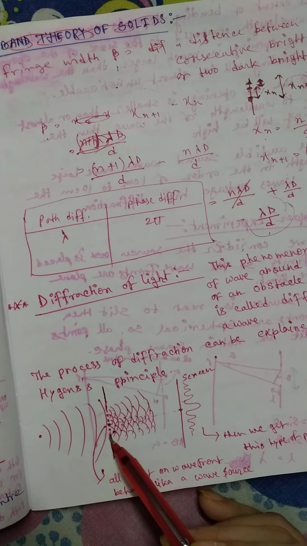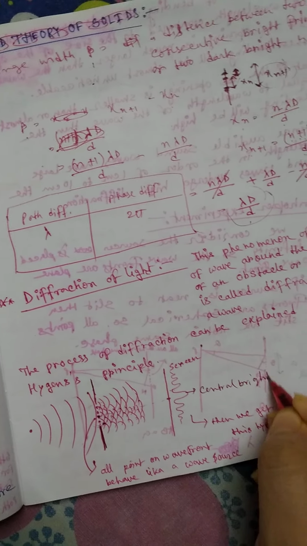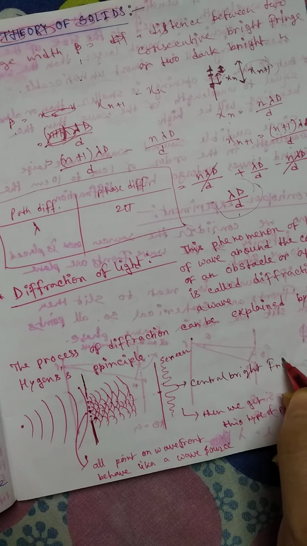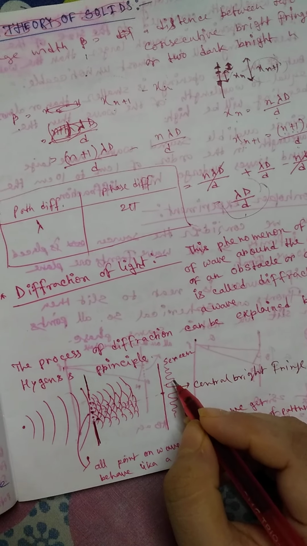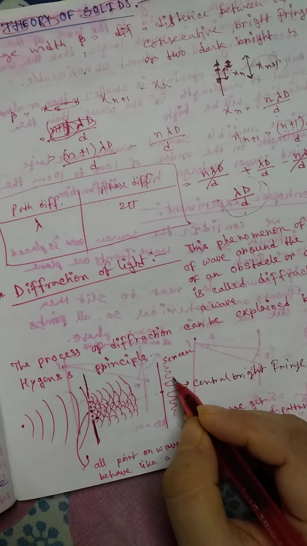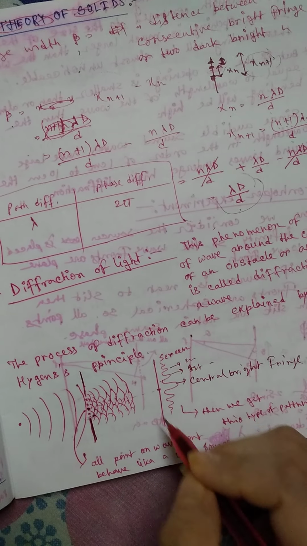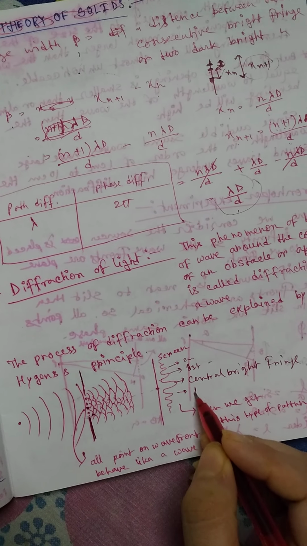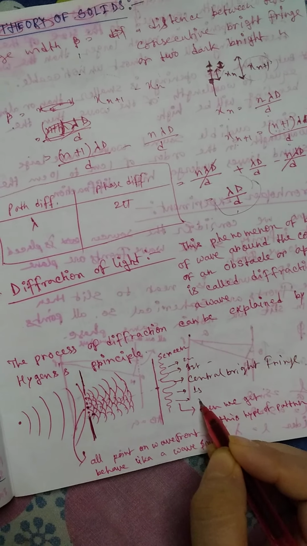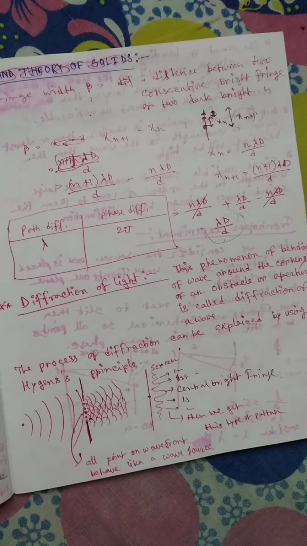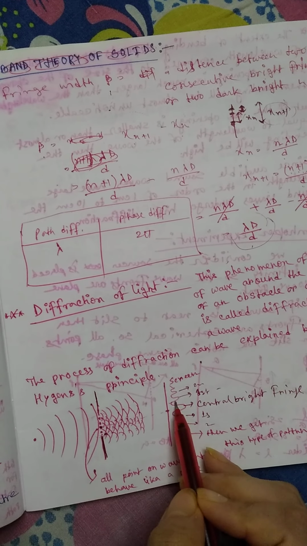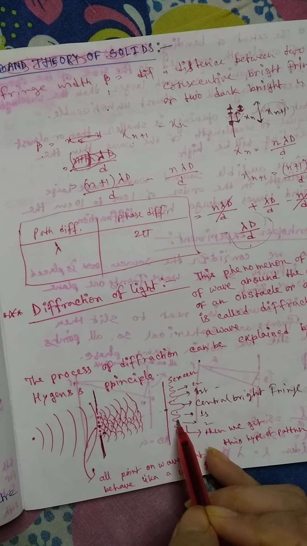This is the central bright fringe, this is the first bright fringe, this is the second bright fringe, and the same on the other side. And these are the dark fringes, this one, this one, this one, this one.